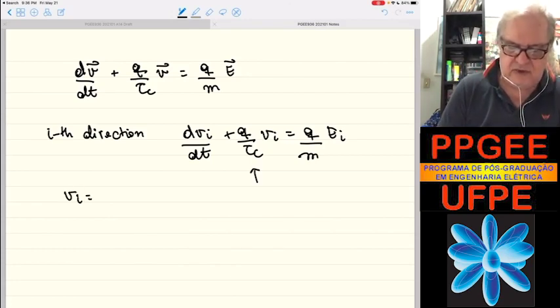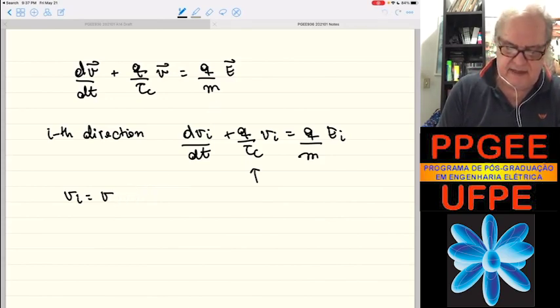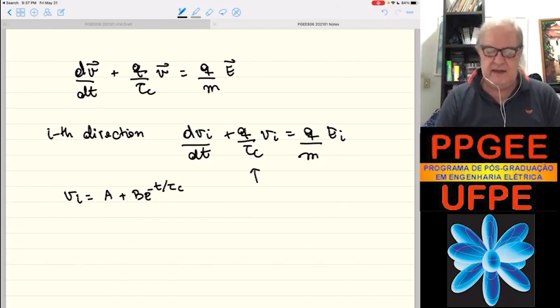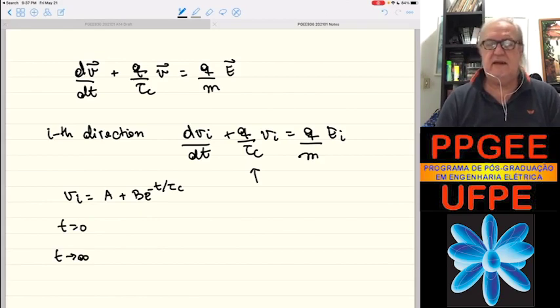So Vi equals A plus B exponential minus t over tau c, right?